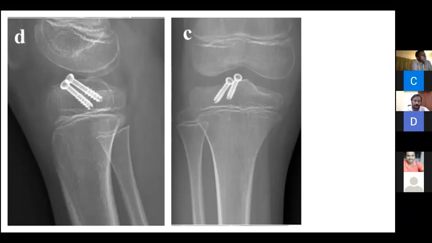What has he not gone through? I think he didn't get hold of the fragment completely, because two screws are there, but I think both have missed the fragment. It is a big fragment, and I think both screws probably have gone through the fragment.